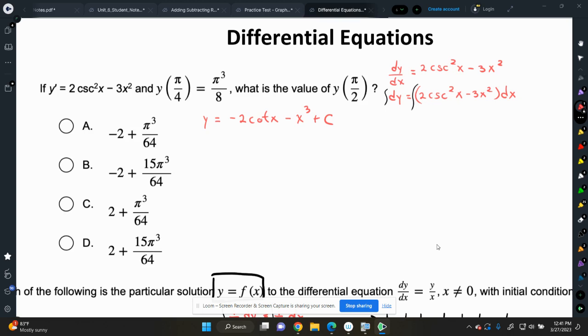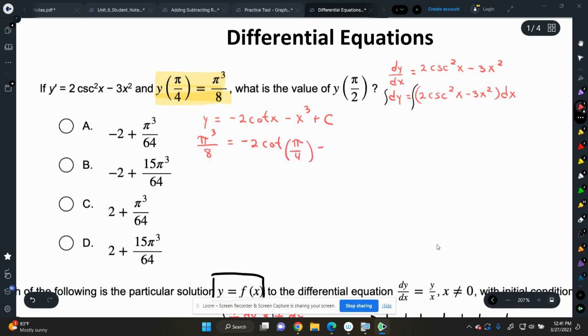Now what? Now we plug in. I need to figure out c, right? This is a non-calculator, by the way. So I'm going to use this information to figure out c. Okay? So when x equals pi over 4, y equals pi cubed over 8. That's negative 2 cotangent pi over 4 minus pi cubed over 4 cubed, which is 64, plus c.